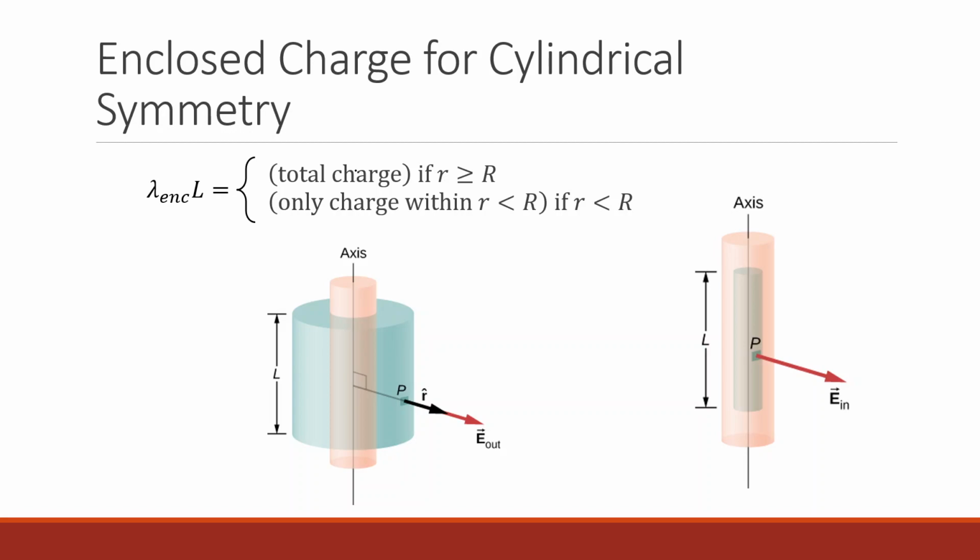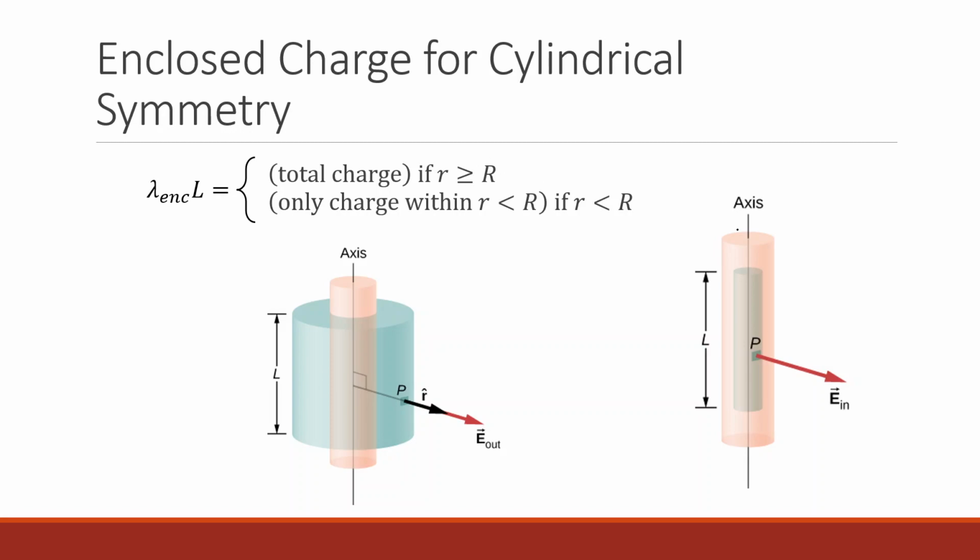This is for our total charge if r is greater than or equal to R, r being the radius of the Gaussian surface, and capital R being that of the actual physical object. Okay, so again, just pay attention to what the enclosed means. That is our first case here, where r is greater than or equal to capital R.